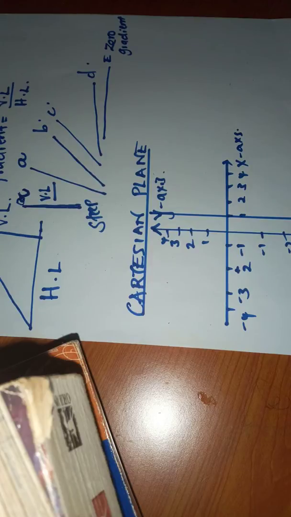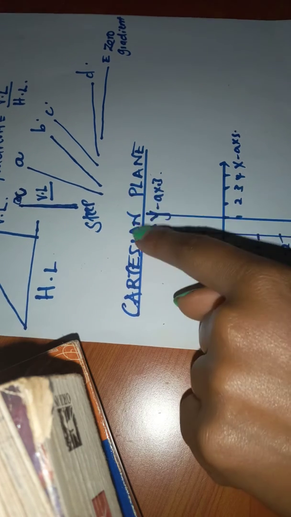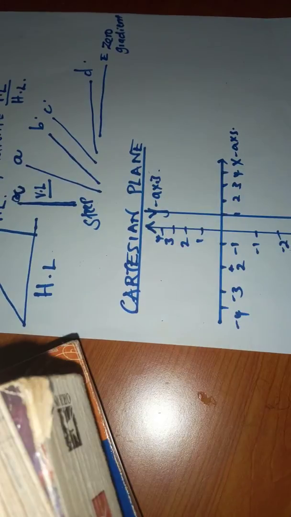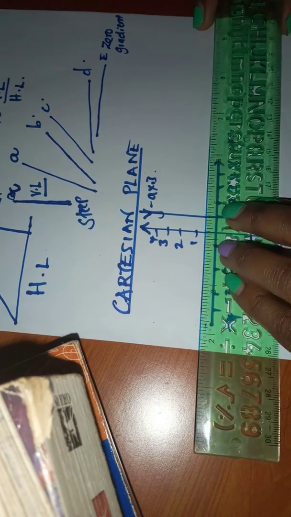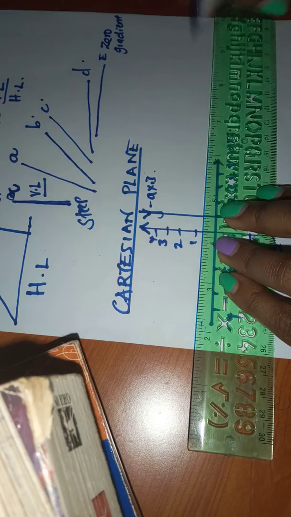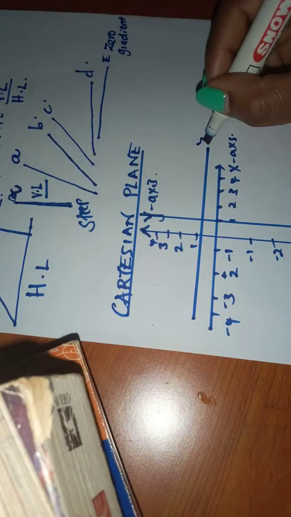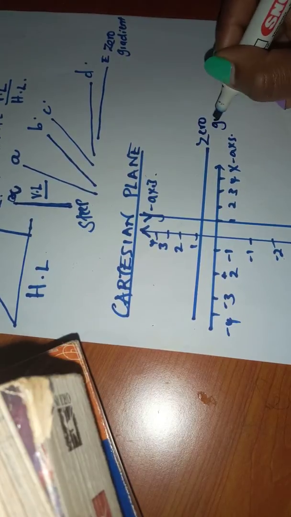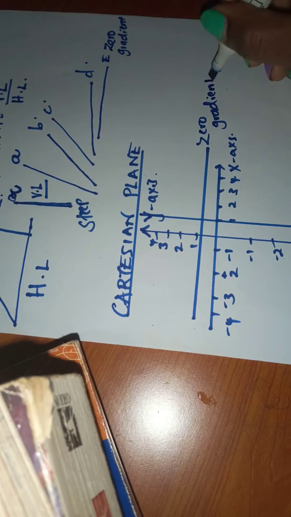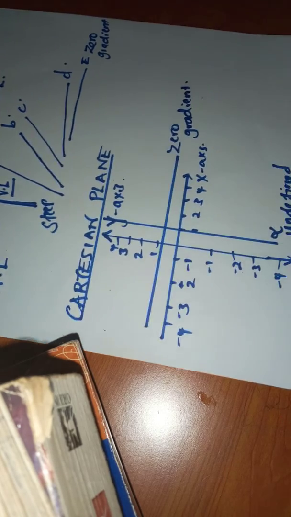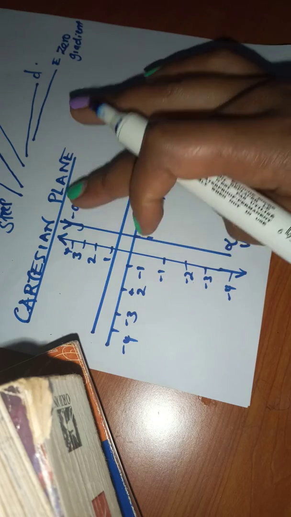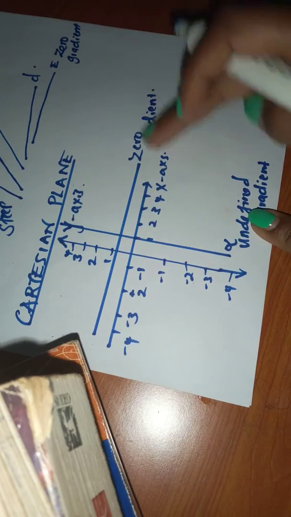We cannot say it's a zero gradient either, because it's parallel to the y-axis. So I'll say that line right there is an undefined gradient. And then I have another line here that is parallel to the x-axis. Let me draw it right here, and I'll call it a zero gradient. So I have an undefined gradient parallel to the y-axis, and a zero gradient parallel to the x-axis.